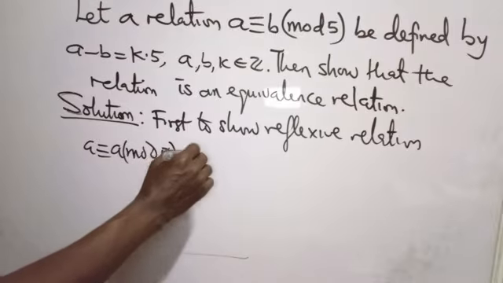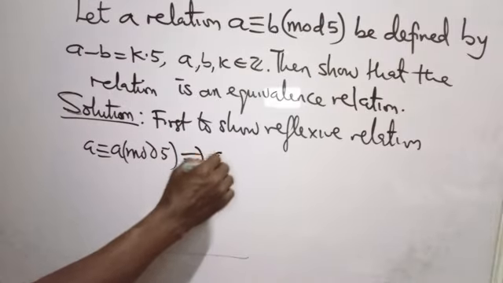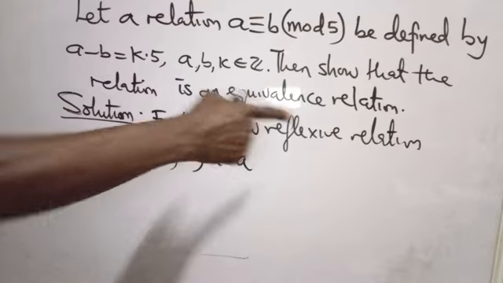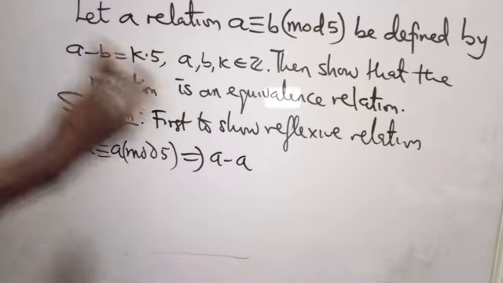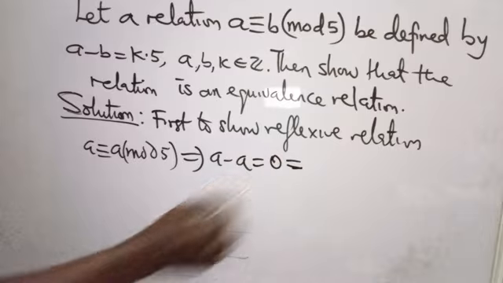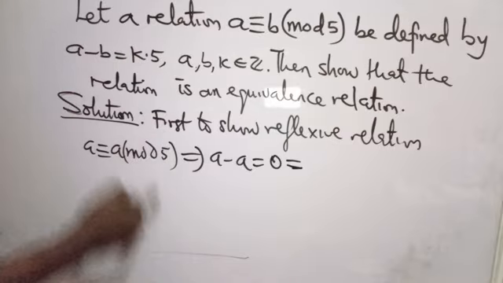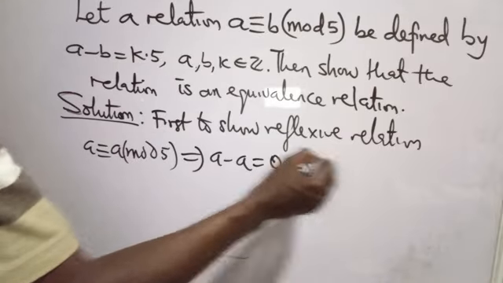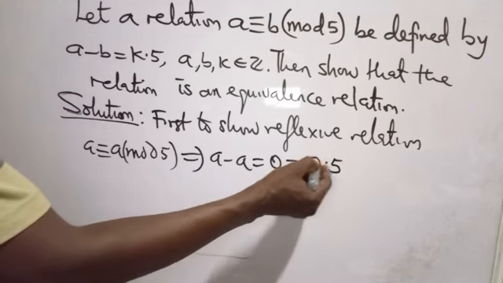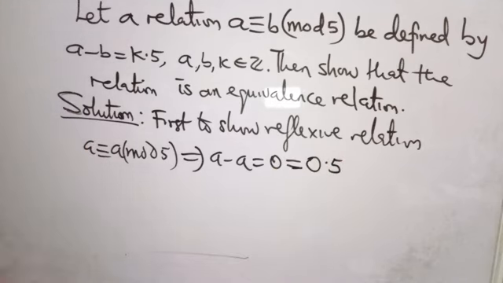How do we define that? That implies a − a, because b will represent a now, since it has to be reflexive. And a − a is 0, which is the same thing as k·5, where our k here is 0. It's not a decimal point, we are multiplying: 0 multiplied by 5.